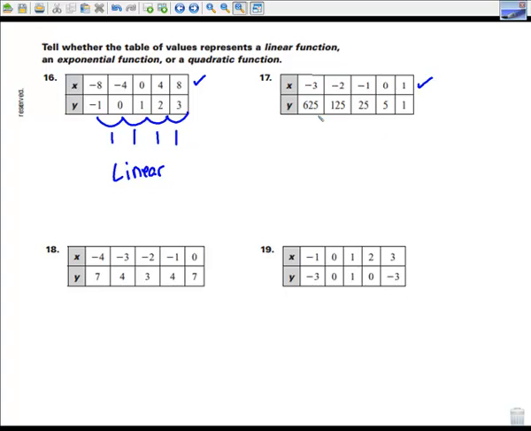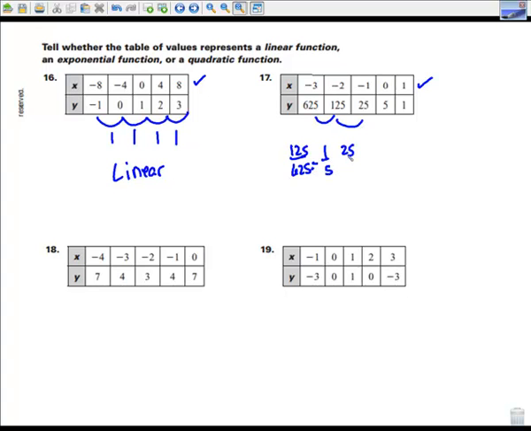Here again, -3 to -2 increases by 1, etc. So my x's are good. And now I can tell my differences just by looking at this are not the same. So I don't really care that from 625 to 125 it's a decrease of 500, because it's clearly not a constant decrease. So that's going to take me first to exponential. If I take 125 and divide it by 625, I get 1/5.